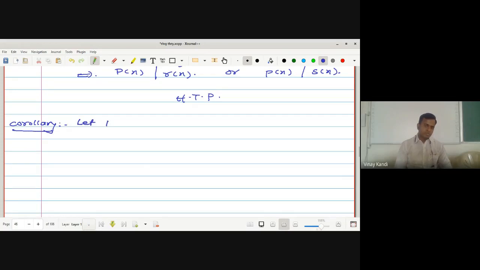Let p of x be an irreducible polynomial in capital F of x.